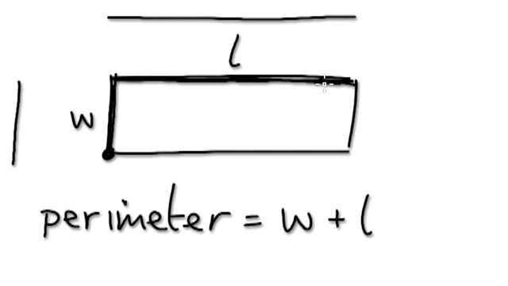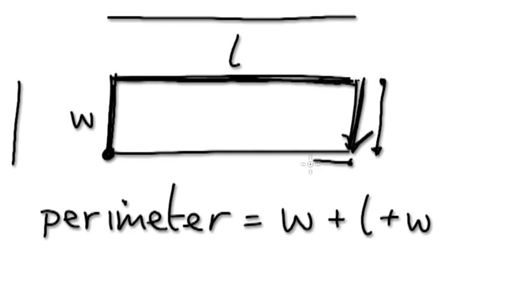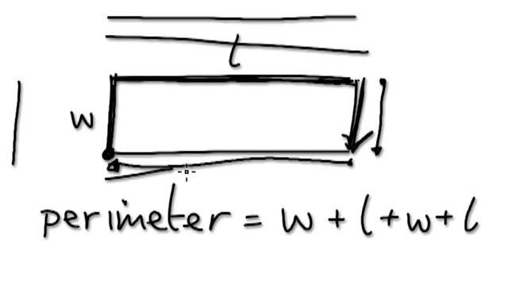You've got to walk this distance L here, and then you've got to walk down here. That would be another W, because the distance from here to here is W. And then you've got to walk from here all the way back to your starting position. So that would be plus L again, because if this is L, then this length here is also L as well.